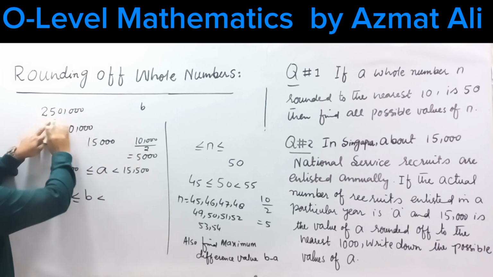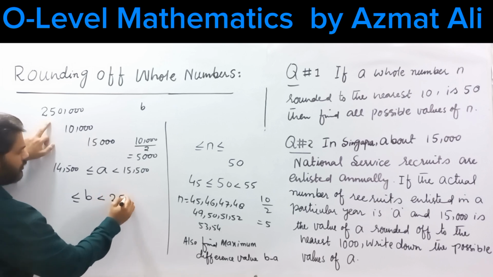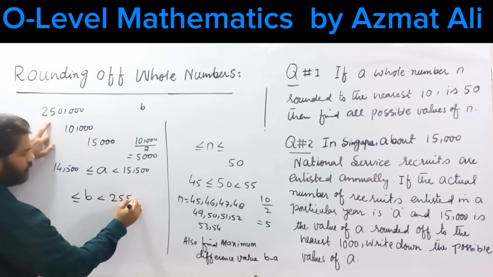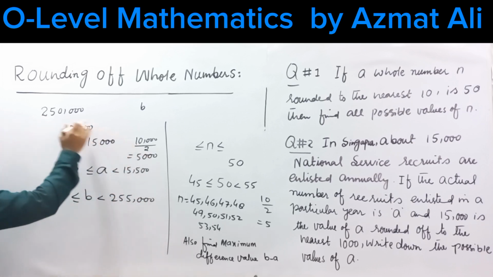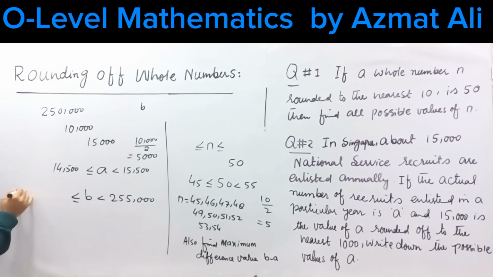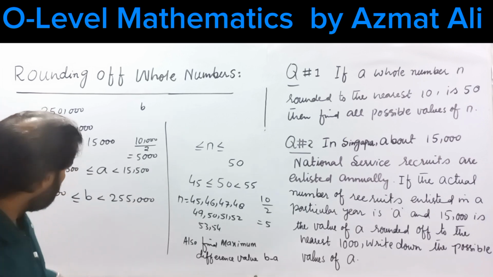When we add 5,000, the number will be 255,000, sorry, and when we subtract 5,000, the number will be 245,000. So these are the possible values of B.